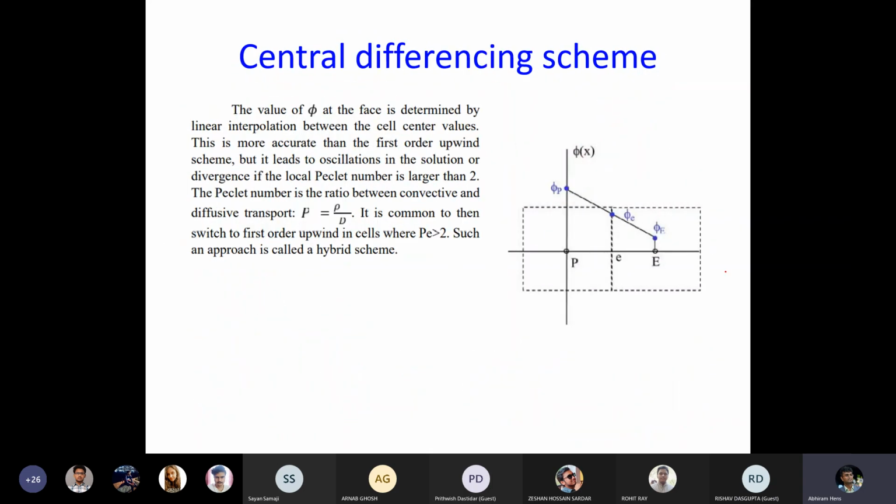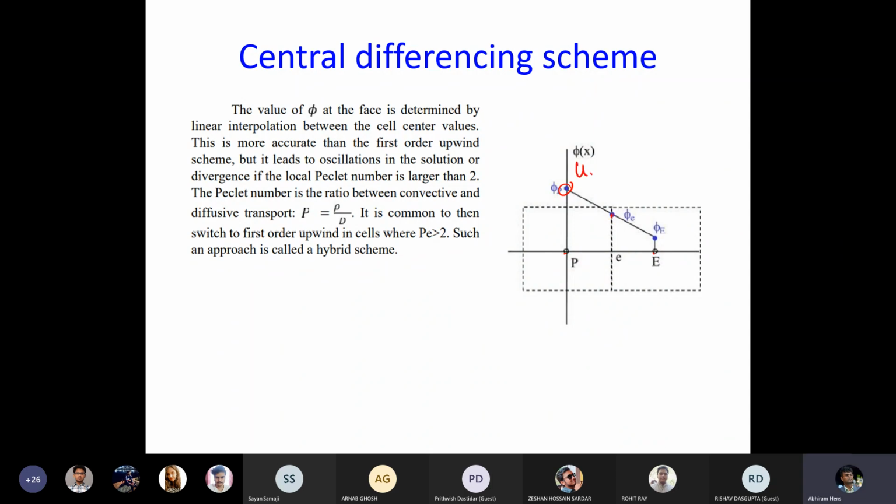Then there is another scheme called the central differencing scheme. Central differencing means that instead of only interpolation, you take the value at the P point and the value at the next neighboring cell point. You join them with a straight line, and whatever the intermediate value is, you consider that as the face value of that property.